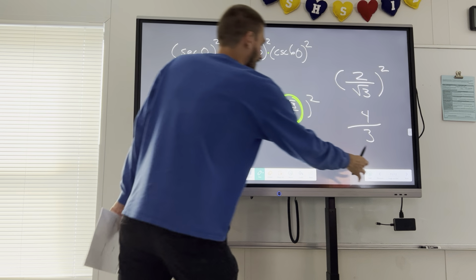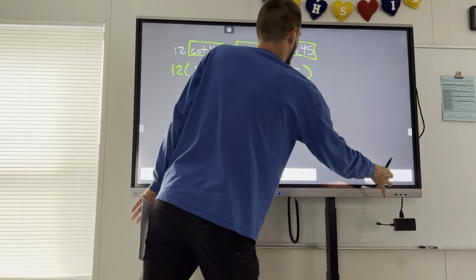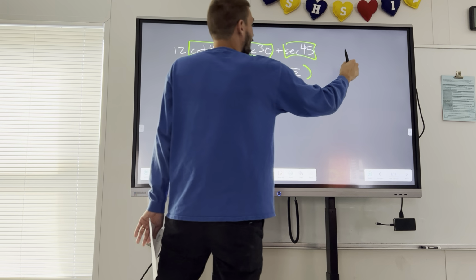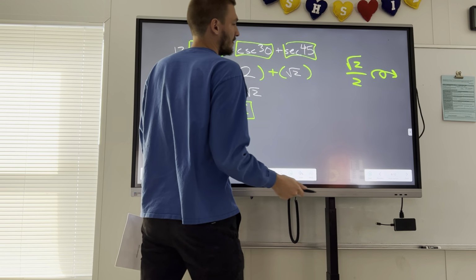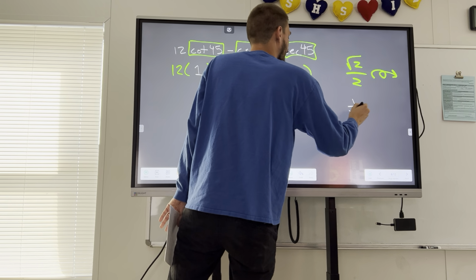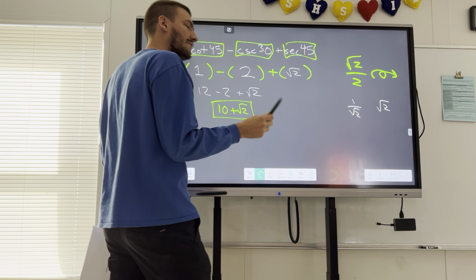If you think back to the previous question, the secant of 45, which is square root 2 over 2 upside down. Well, if you unrationalize it, now flip it, you just get square root 2. It's a little bit of a shortcut.